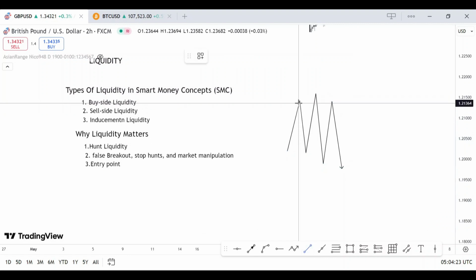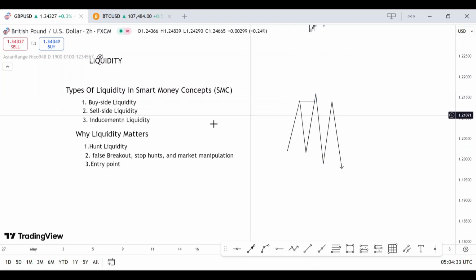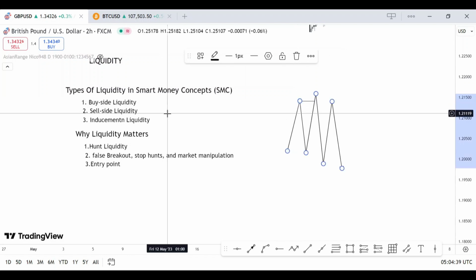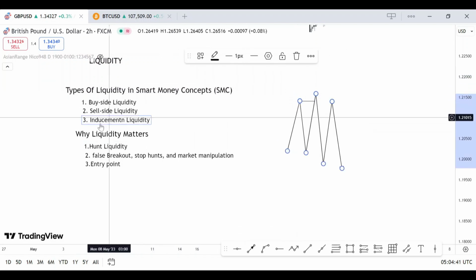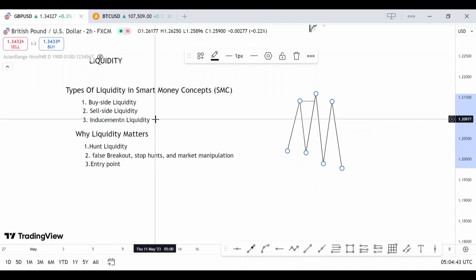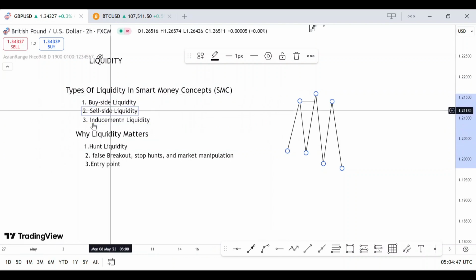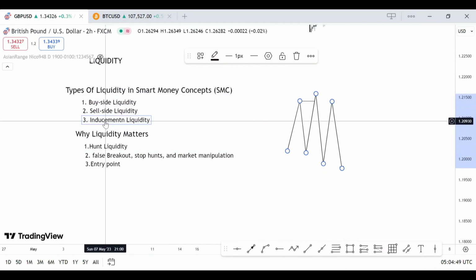So this leg here, this is your buy side liquidity. Remember what we said is the originator of all price movement. So look at your higher time frame, ask yourself, why is price in an uptrend? Why is price in a downtrend? It's because of liquidity. So price is hunting liquidity constantly.